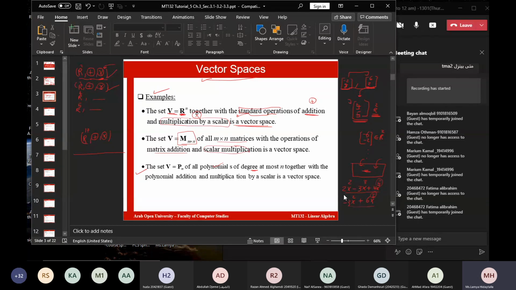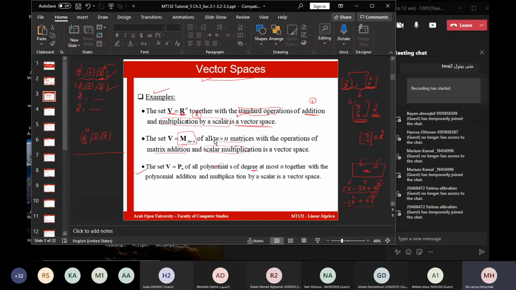Yes, it is an element here because only the constants are going to change, correct? And so on. So you will find all the 10 conditions are also satisfied for the polynomials of degree n, using the polynomial addition and multiplication by a scalar. Okay, so we knew that these are vector spaces.